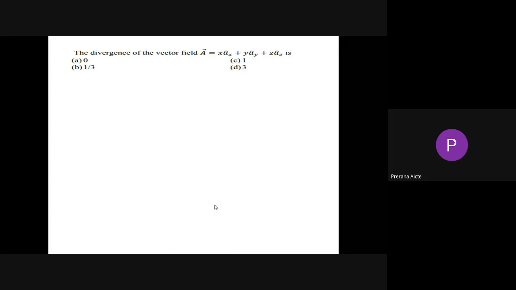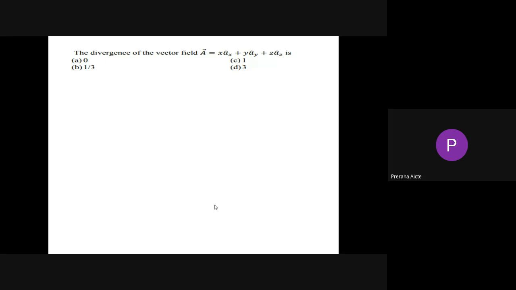Next, what about this one? The divergence of a vector field A is equal to x into A of x plus y into A of y plus z into A of z is dash. So what is the answer?